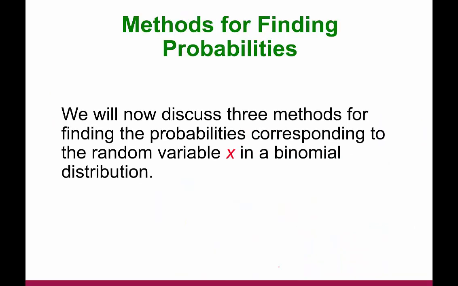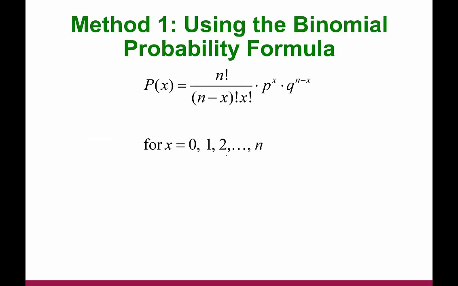We'll now take a look at different methods for finding the probability corresponding to random variable x in the binomial distribution. The first one is using the binomial formula. P of x equals n factorial over x factorial times n minus x factorial. This is also, as you know, nCx, a combination, picking x successes out of n trials.